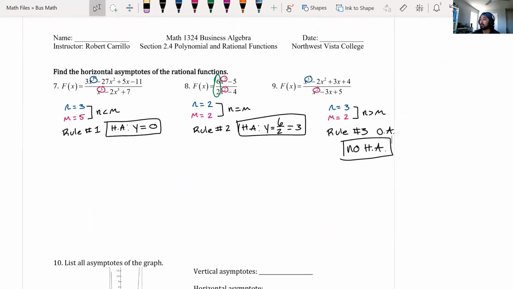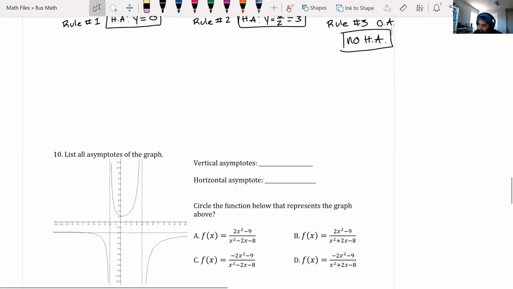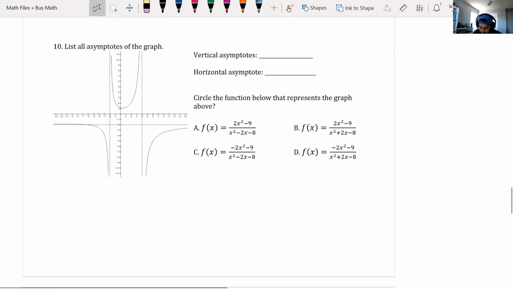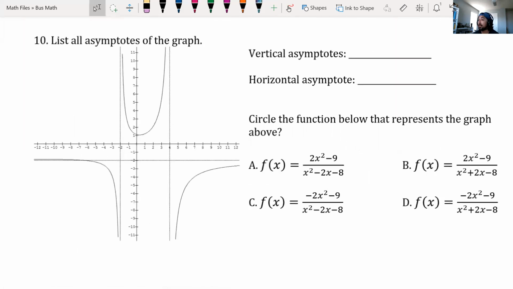All right. Everybody else good? Okay. So now, putting it all together, we want to list all the asymptotes of the graph and then find a function that will represent this graph.